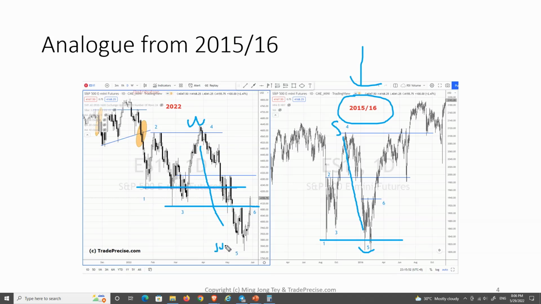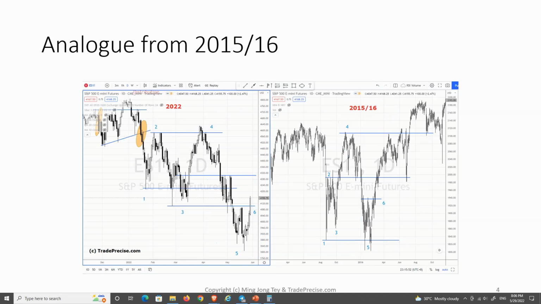So this is actually a sign of weakness. We got a weakness here because previously we had a weakness from 4. So I'm not surprised to get a sign of weakness at 5 instead of a spring here in 2015-16. I think this is pretty much the major difference. But still, from 2015-16, we have this big trading range unfolding.